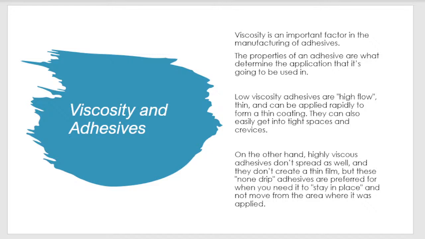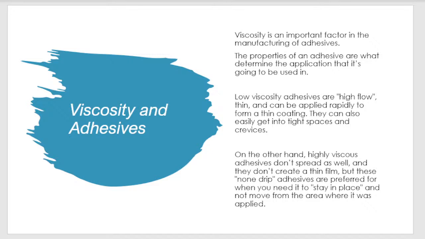On the other hand, high viscosity adhesives don't spread as well, and they don't create a thin film either. But these also have their use. These types of high viscous adhesives stay in place. Wherever you apply it, they stay there, or mostly stay there, and they don't move from where they're applied. This is good for a few things. If you're installing something vertical, you need the adhesive to stay where you applied it.